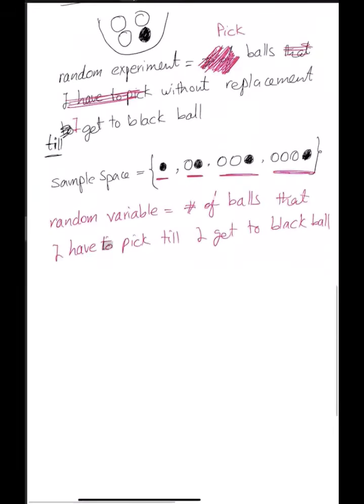So my experiment is just picking the ball till I get to the black ball, and these are possible outcomes. But then my random variable is the number of balls that I have to pick till I get to the black ball. And I define the random variable as x. Then can you tell me what are the possible values for x?